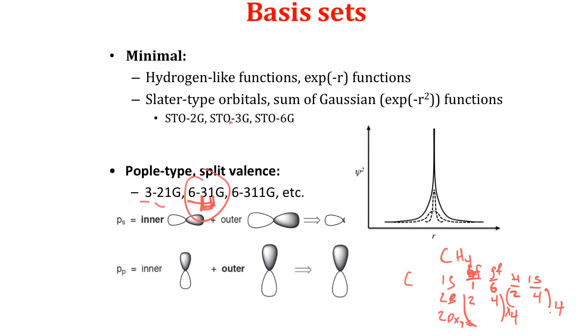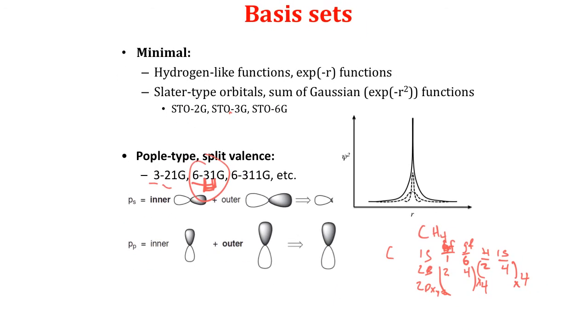For CH4, we need to account for the fact that we have 4 H atoms. So I'm multiplying the 2 and the 4 for carbon by 4 because I have 4 valence orbitals. And then for hydrogen, I'm multiplying by 4 because I have 4 H atoms, if I'm doing a calculation on methane. And I could add these all up, and for comparison's sake, why don't we do that? In terms of the basis function count for carbon, I'm going to have 9, and then for Gaussian functions, 16 plus 6, so that'll be 22 Gaussian functions.